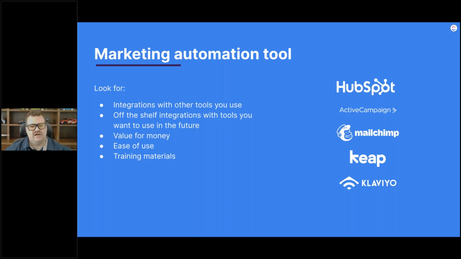You want it to have a good amount of off-the-shelf integrations with tools that you probably want to use in the future. So, if you're looking at a tool like HubSpot and you want to send SMS in the future, but not now, you don't have a current integration, then add that onto your wish list and have a look at what you can get to run SMS in HubSpot.